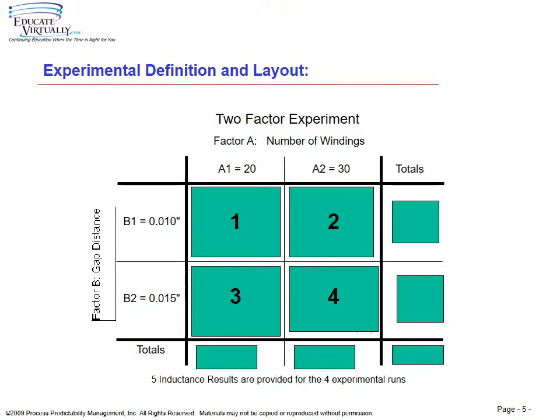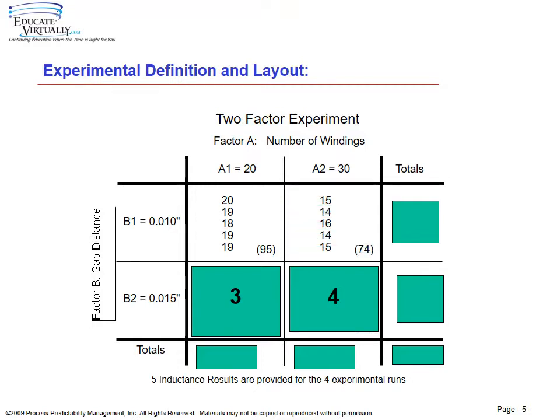Let's take a look at the values of inductance that we have achieved at the A1, B1 combination. So we're looking at a transformer that was built with 20 windings and a 10/1000ths gap. Here's the values of inductance from those 5 transformers. Next, we have the A2, B1 setting, which is 30 windings, a 10/1000ths gap.